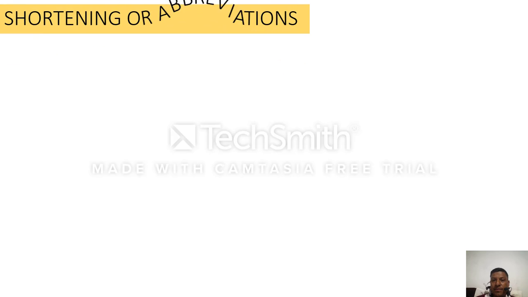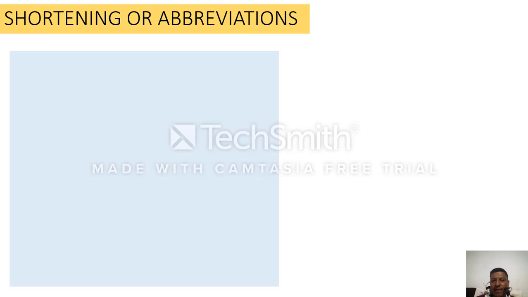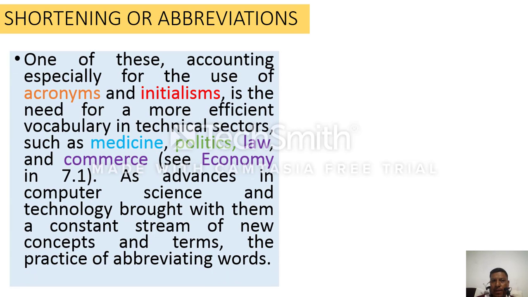Shortening or abbreviation, we have other examples and definitions. Here you are. One is accounting, special for the use of acronyms and initial names. This is used in different fields in society for daily routine. For example, in medicine, in politics, in law, in commerce, in economy, we have different abbreviations.